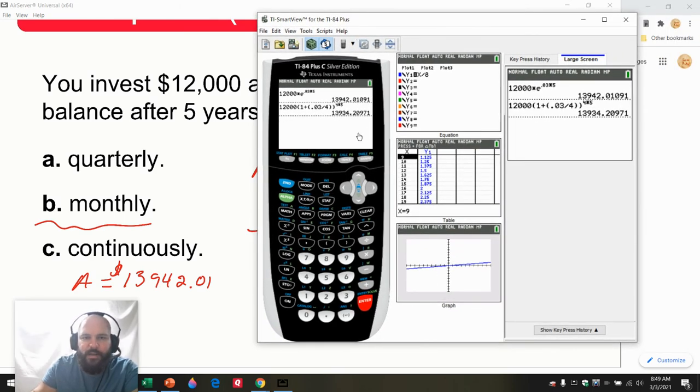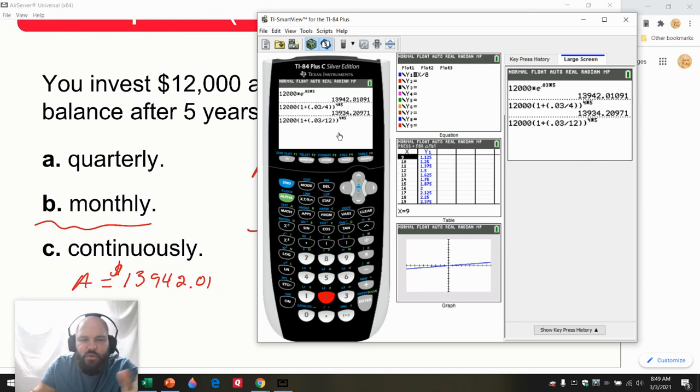Now, how can you do this? And I want to show you an easier way. We've already spent the time to type in this equation right here. Rather than retyping the whole thing and having to put that 4 into a 12, you can hit second and then enter. And what it does is it brings up the entire thing that you just typed in, the last thing. Then you can go back in and change that 4 to 12. Now, since it's a single digit, I'm going to have to type 1 and then second insert 2.